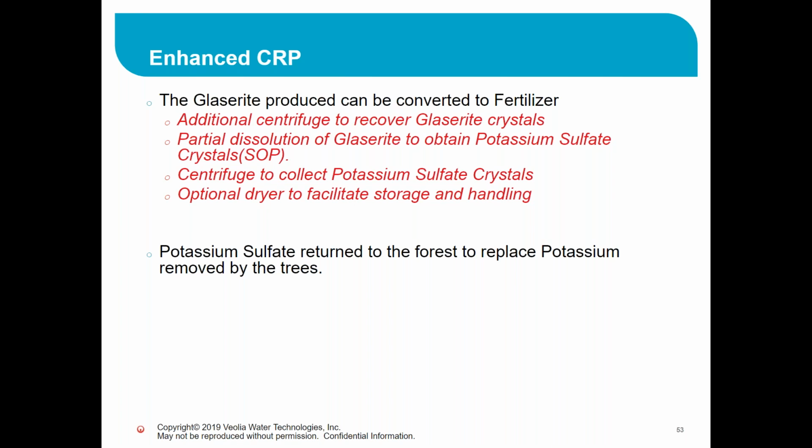You collect those potassium sulfate crystals, and then you can dry them and put them back in the forest as a fertilizer. It's a very valuable fertilizer, and it's actually getting removed from the forest by the trees, so we're able to reintroduce it back into the forest. So it's a very green technology.